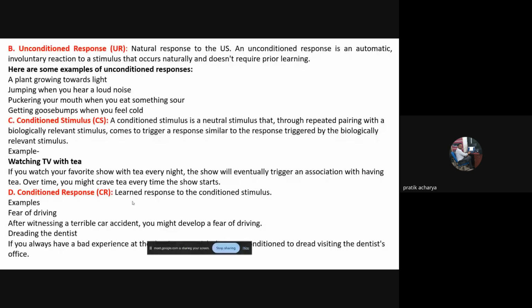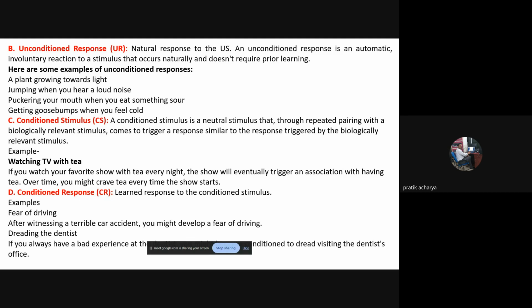And then there is the conditioned stimulus. Take the example of watching TV with tea. If daily you watch your favorite serial with a cup of tea at a particular time, maybe at night before going to bed, after some time you will see that it triggers an association with having tea.